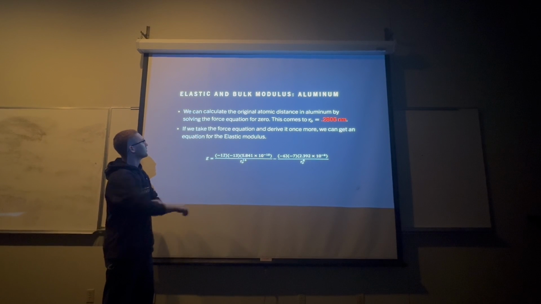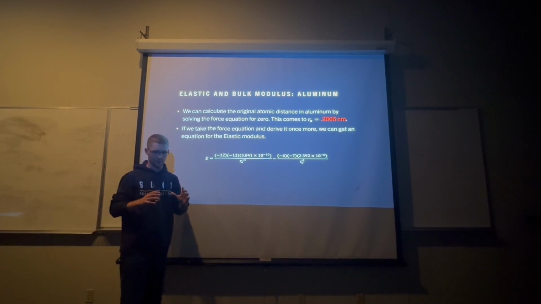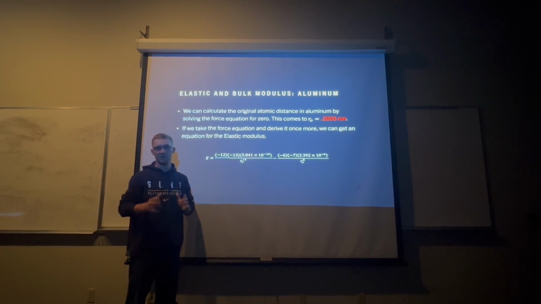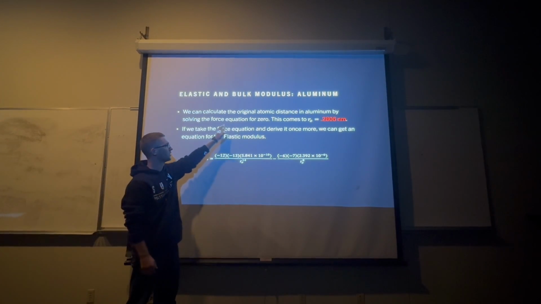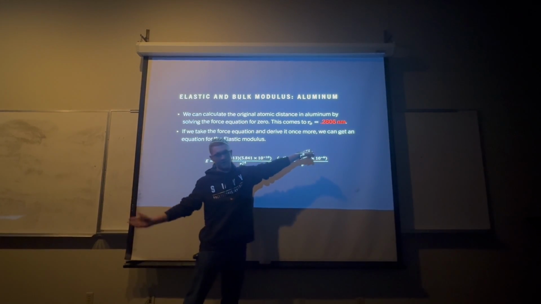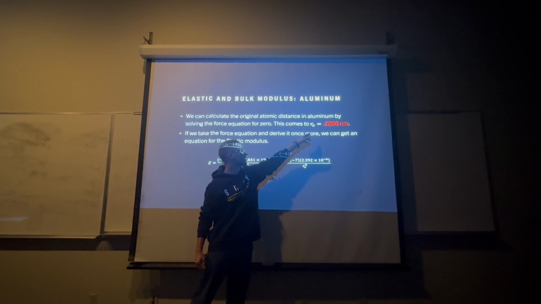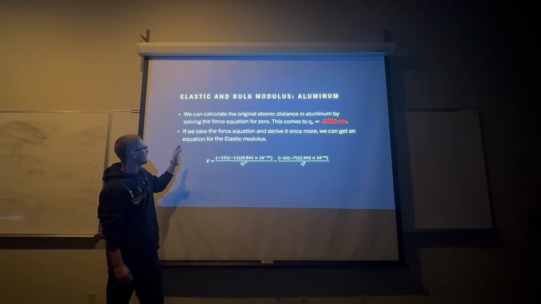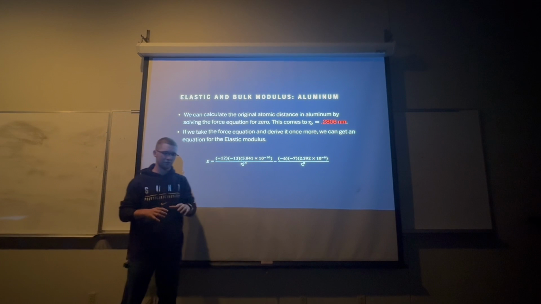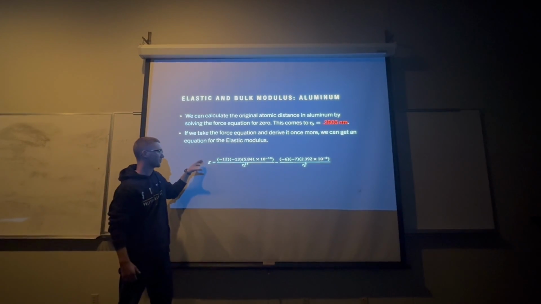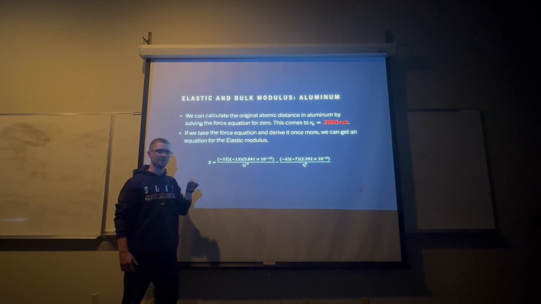So we can calculate that neutral distance by setting that force equation equal to 0 and solving for the interatomic distance. Here, as Nick said, it came to 0.2806 nanometers. Now, to find the actual elastic modulus at that point, we can take another derivative of that force equation.